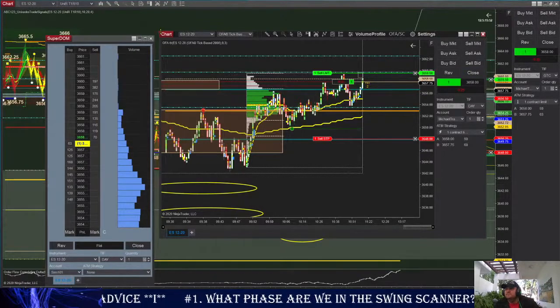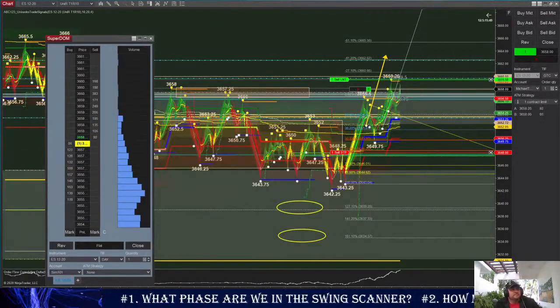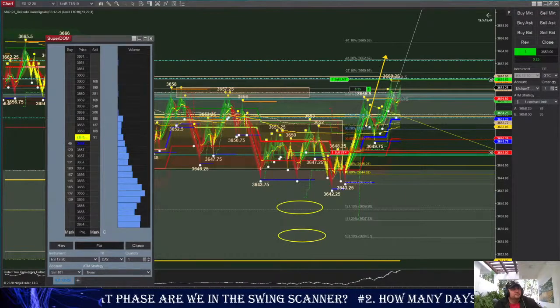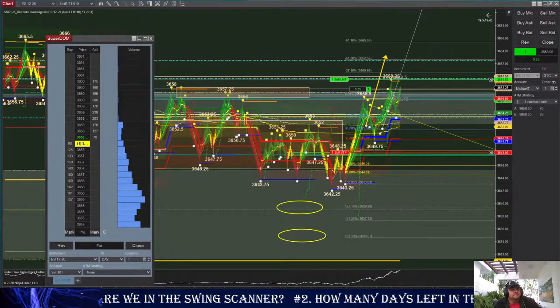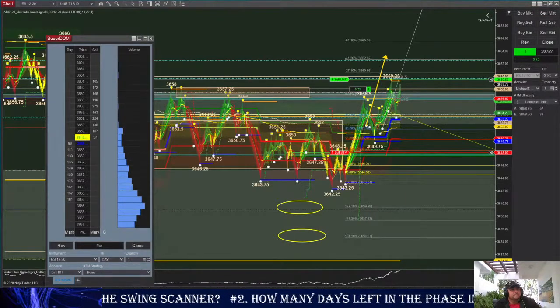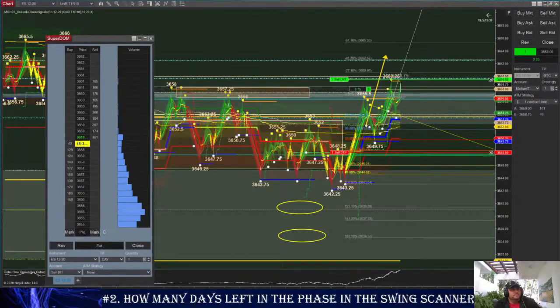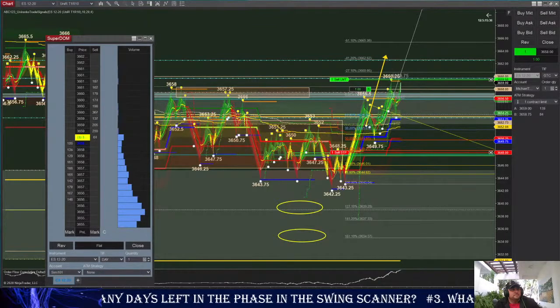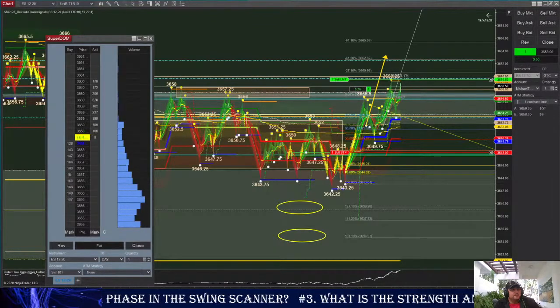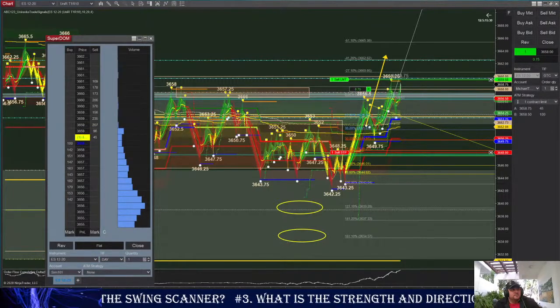Come on, break that level. A lot of buy pressure right now.